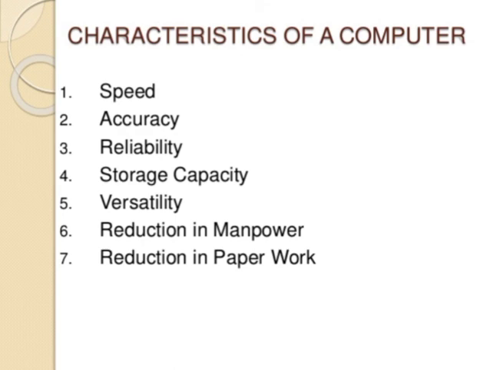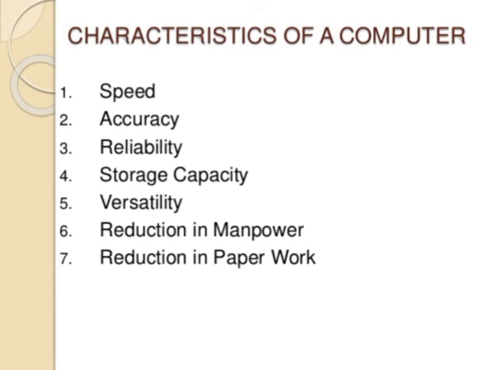So let's do revision. Let's start once again. Characteristics of a computer. First is speed. Computer can give you output as soon as possible. Second is accuracy. Computer performs all its activity and gives you an accurate answer.